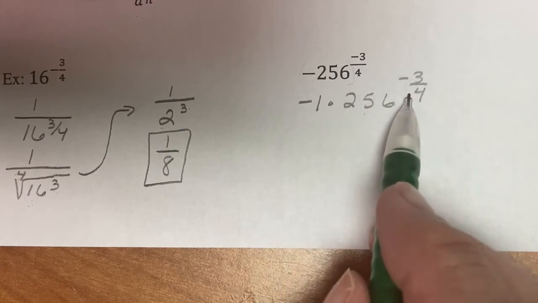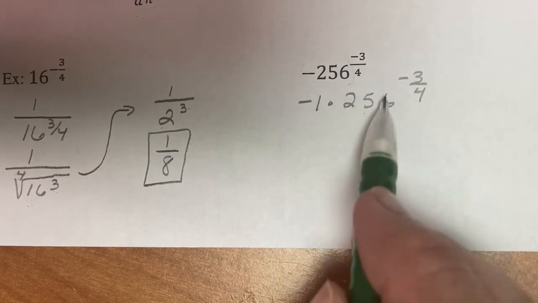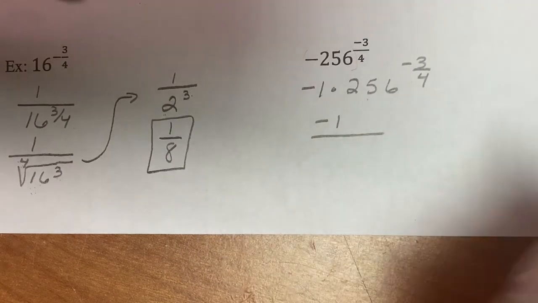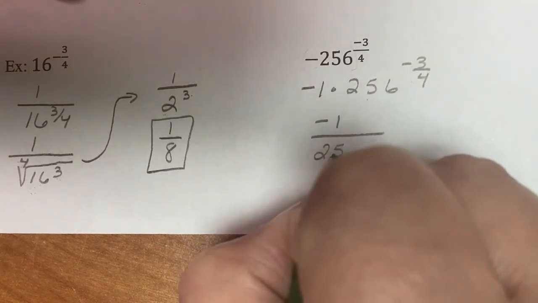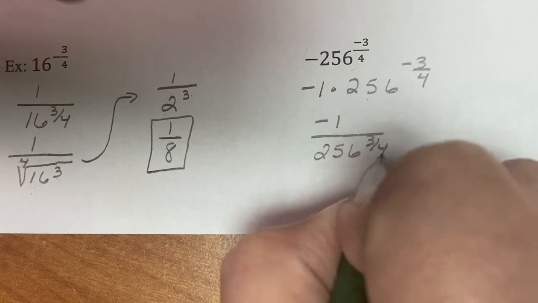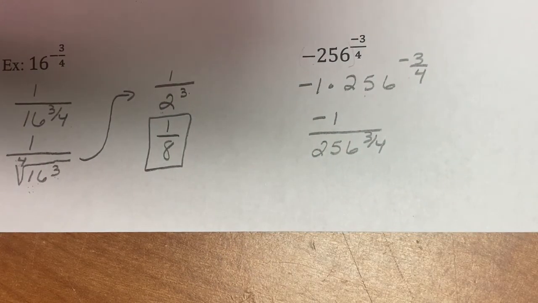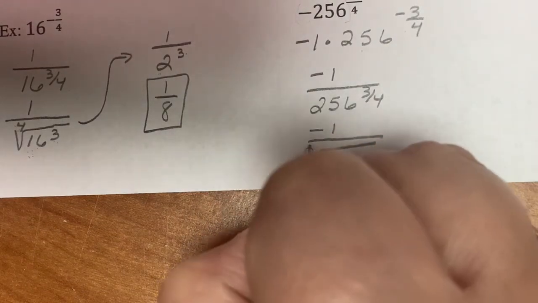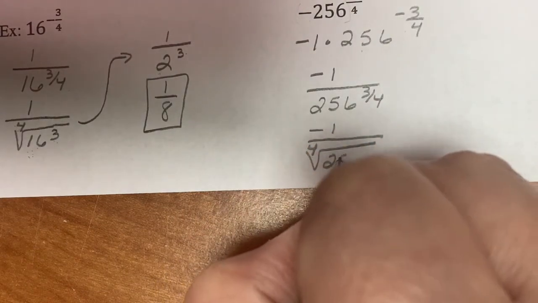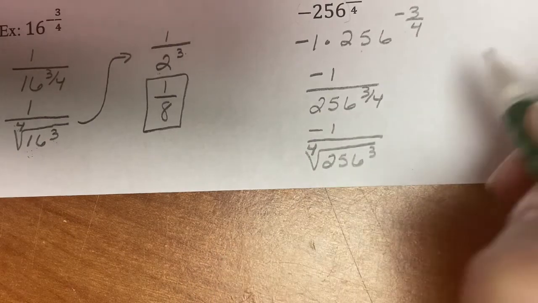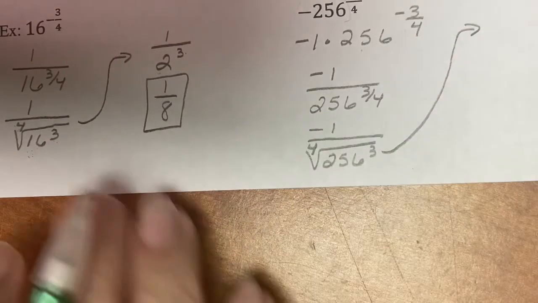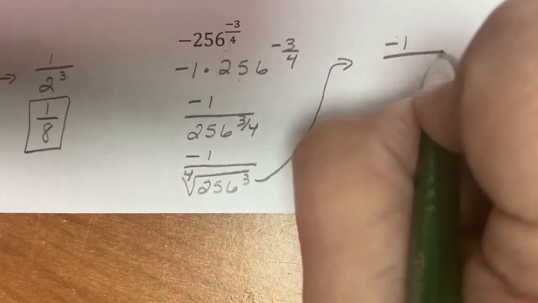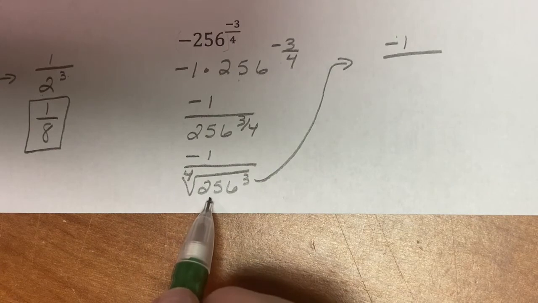So when I go ahead and change this negative exponent, I'm going to move this downstairs. That's going to leave a negative 1 at the top over 256 to the positive 3/4 power, which is negative 1 over the 4th root of 256 to the third power, which is going to be negative 1 over, what's the 4th root of 256?